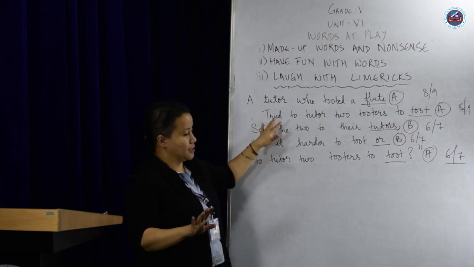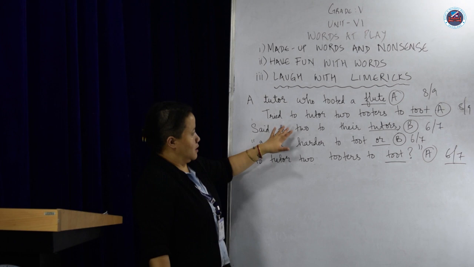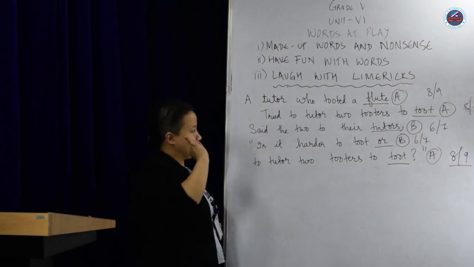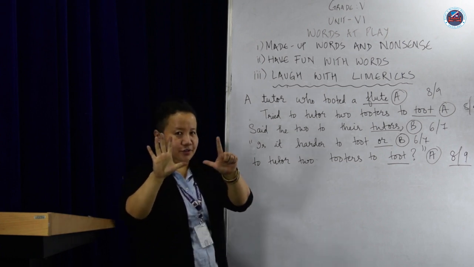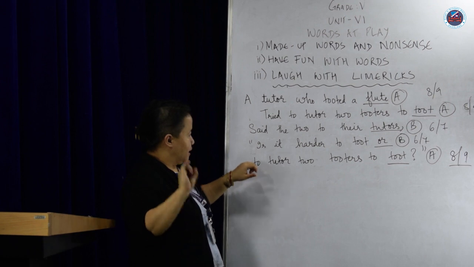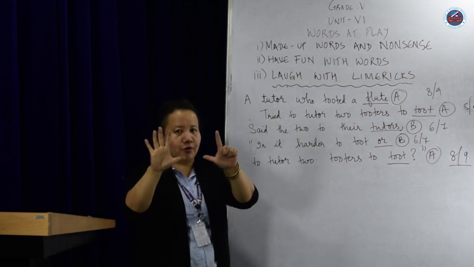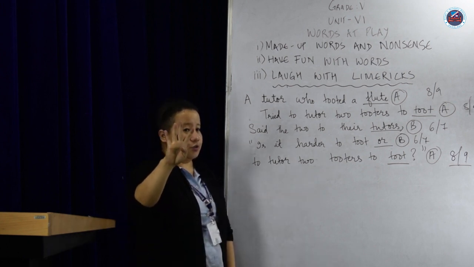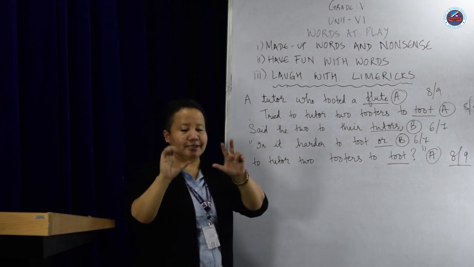So in the second line, the syllable count is 9. Now in the 3rd line, say the two to their tutors. Is it harder to toot or to tutor? To tutors, to tutor, to toot. 8 syllables.